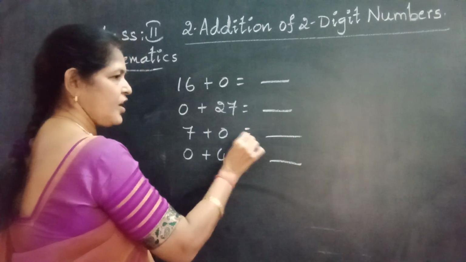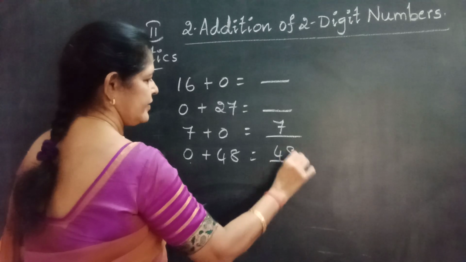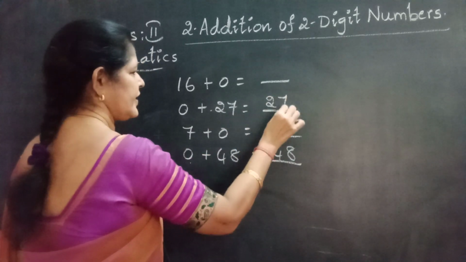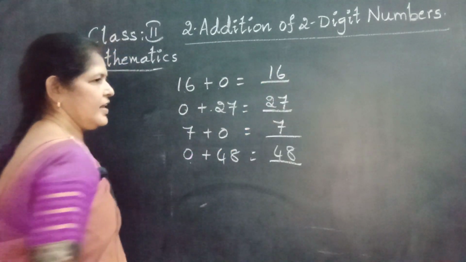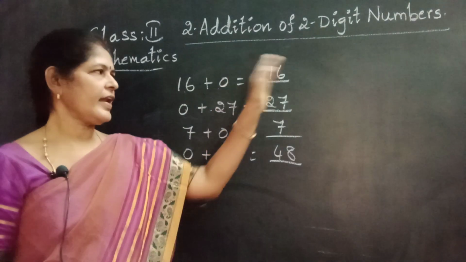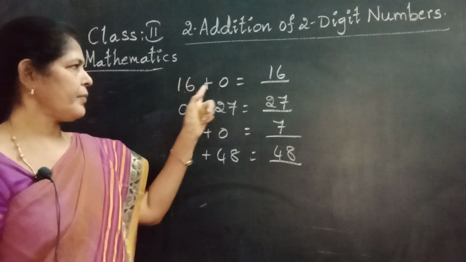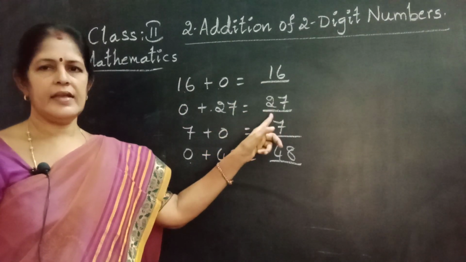See, 7 plus 0 is not 0, it is 7. 0 plus 48, 48. 0 plus 27, 27. 16 plus 0, 16. A number plus 0 is the number itself. That is the rule, the addition fact: a number plus 0, or 0 plus a number, is the number itself.